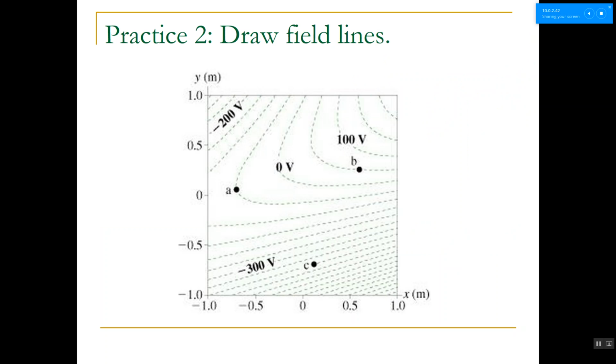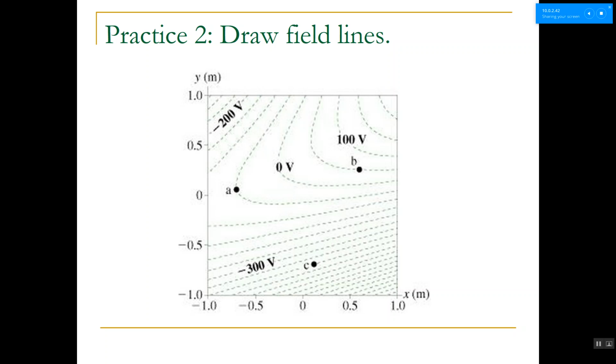Here's another practice. Try to reproduce it in your notes or do it on the screen in front of you. It's drawing the electric field lines. So these are equipotential lines. Try to draw them on A, B, and C. And if you're feeling bored, try to do more of them. Try to do the electric field lines that pass through A, through B, and through C. Hence, they're not all the same lines.